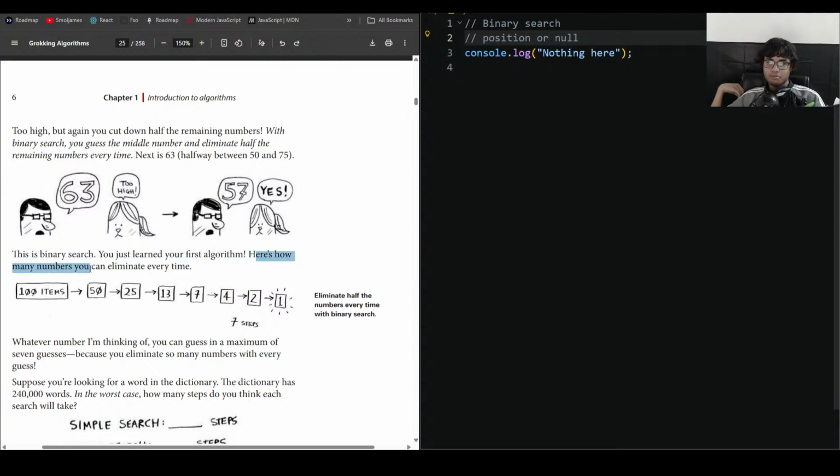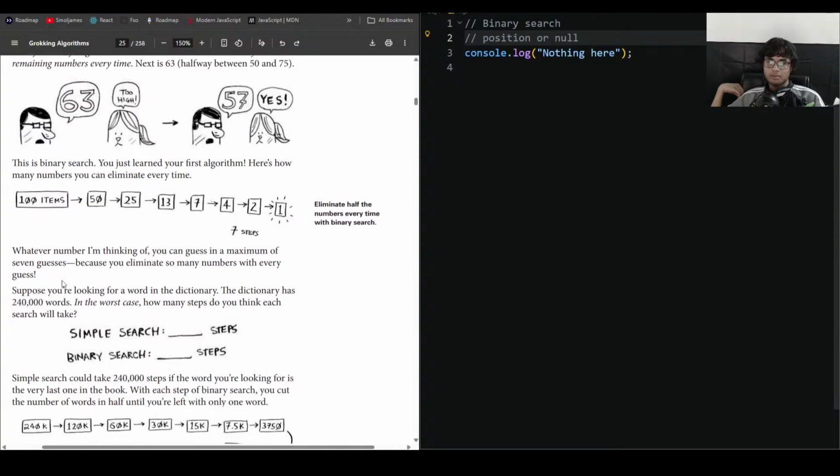Here's how many numbers you can eliminate every time: 100 items, 50, 25, 13, 7. Eliminate half the numbers every time with binary search.